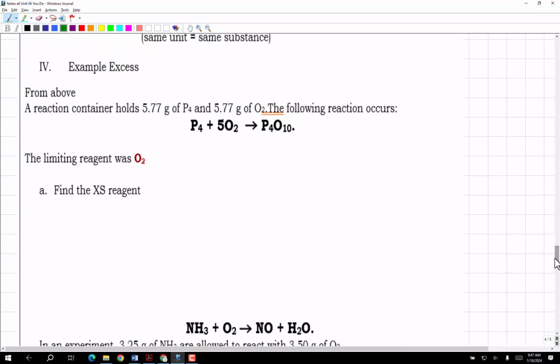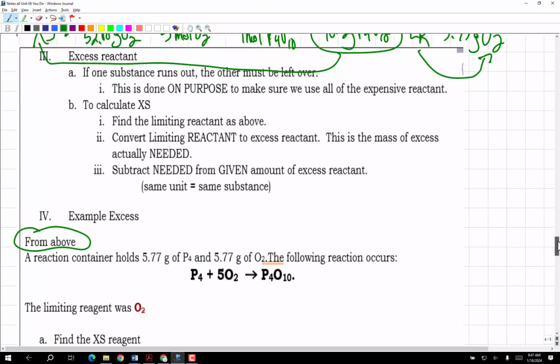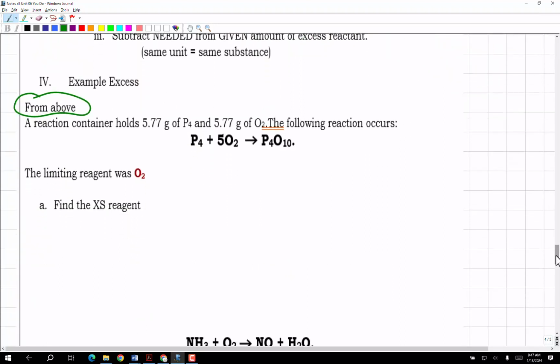A reaction that holds this, so this is the same one from above, okay? The limiting reactant was O2. Find the excess reagent. So what do we do again? So we have the limiting reactant. We're going to convert the limiting reactant into the excess reactant. So that means I'm going to convert O2 into P4. 5.77 grams of O2 times 1 mole of O2, 32 grams of O2.